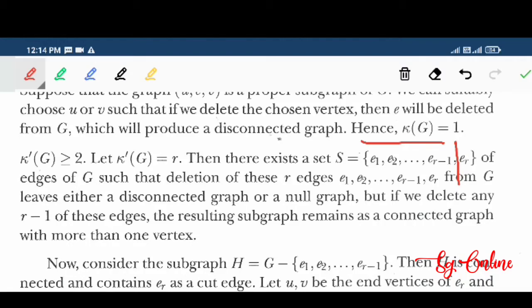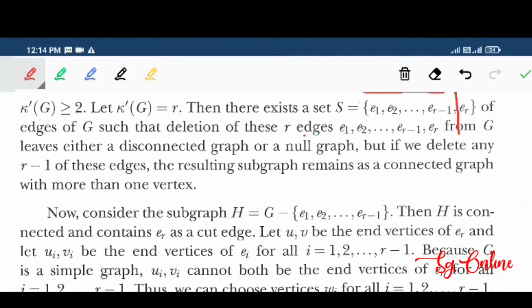If we delete one by one these R minus 1 edges to get a graph H, the graph H still remains connected, because we assume that the edge connectivity is R. So deletion of R minus 1 edges cannot make the graph disconnected. The graph is connected after deletion of these R minus 1 edges.